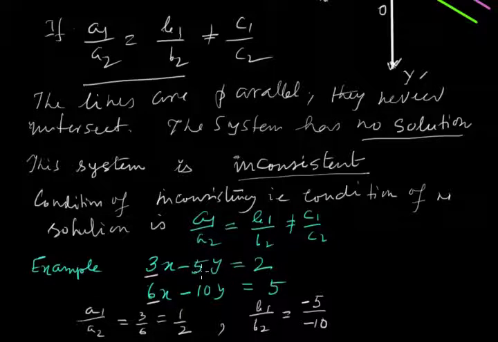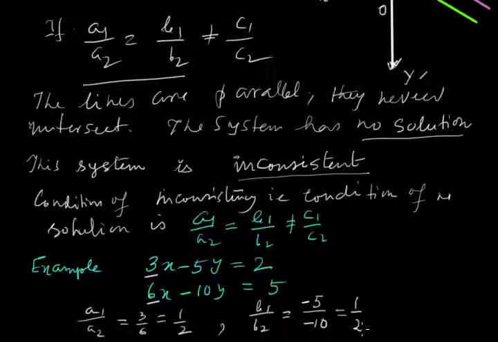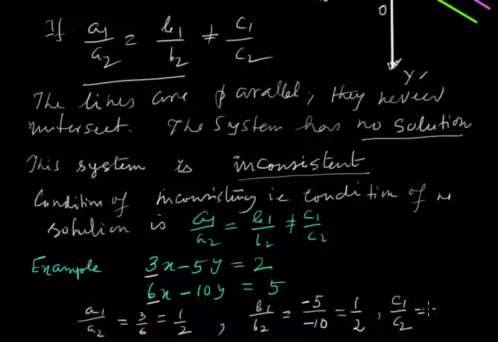Here the coefficient is, don't take only 5, it is negative 5 and negative 10. So if you simplify this one, you get 1 by 2 again. And c1 by c2 is equal to 2 by 5.